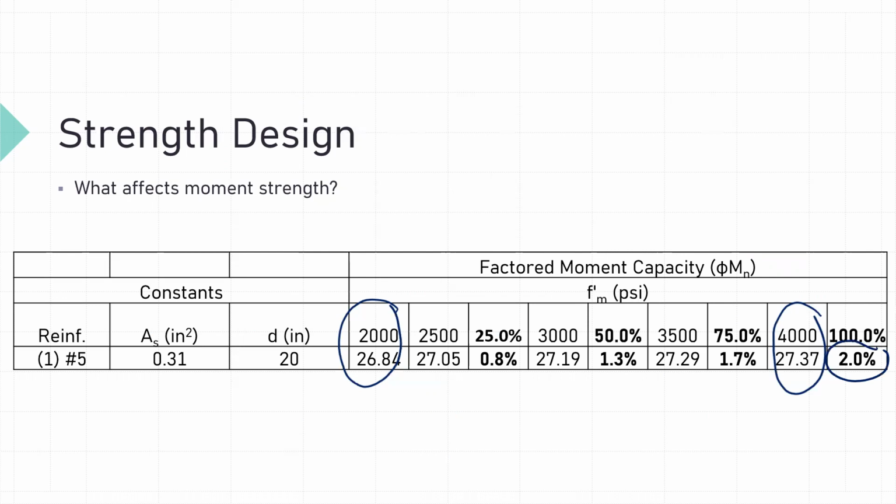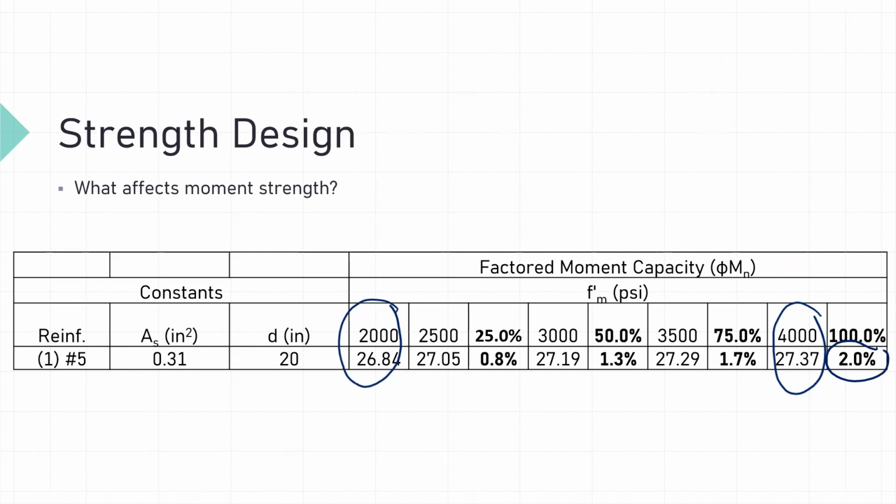And so f'm does not have a significant effect on our factored moment capacity or our flexural strength. It does have a big impact on things like our bearing strength, axial capacity, maximum reinforcement, development length. So f'm is very important, but in terms of flexural capacity, not so much of an impact.